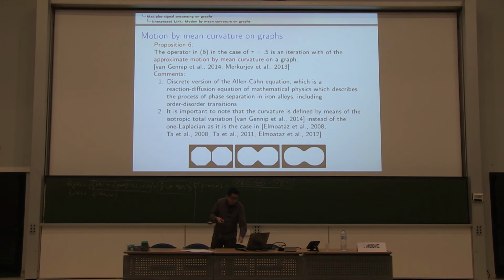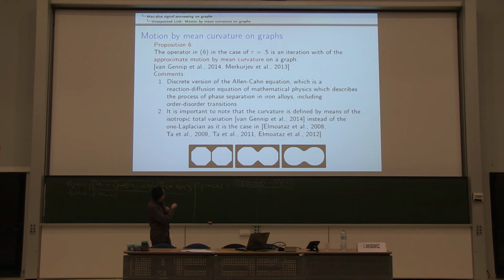A comment here is that there are many papers doing similar stuff. Basically, we say that we are doing one iteration of mean curvature, but the definition of this curvature is different from the other authors.